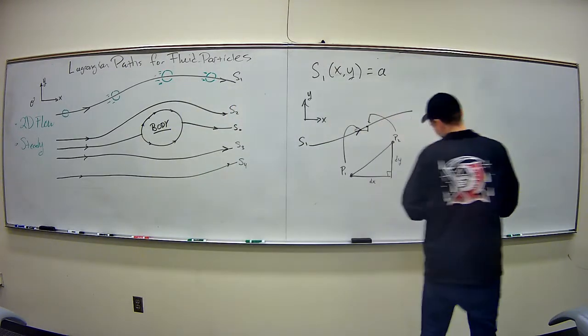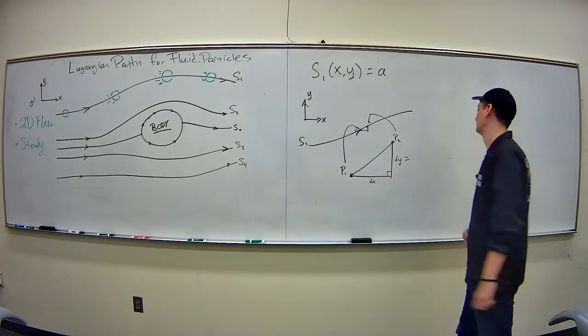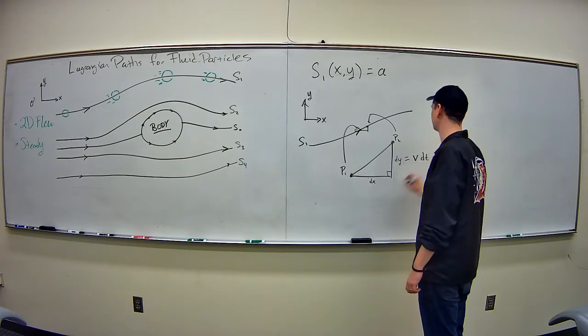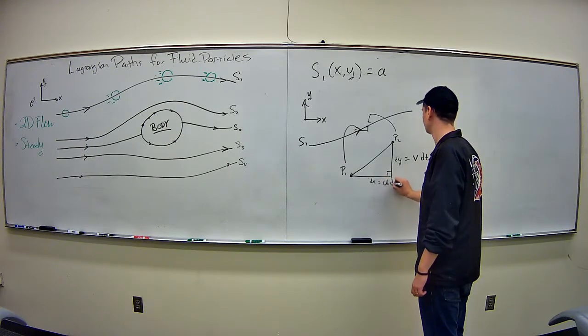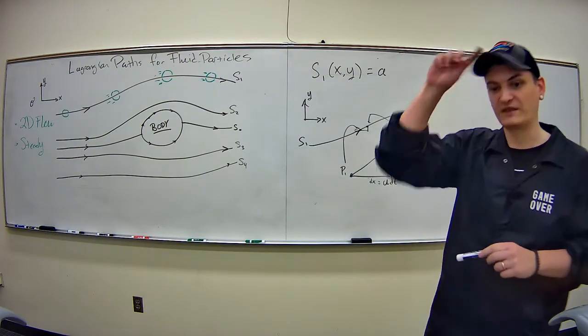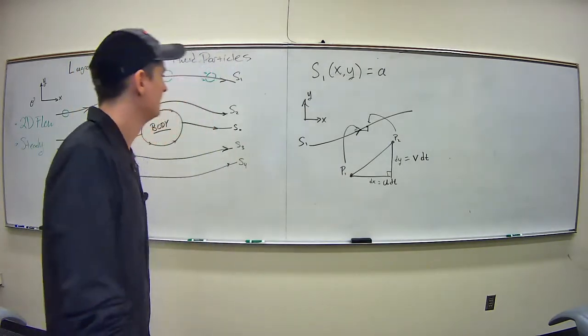Okay, so it's moving at a velocity. A little change in distance is going to be what? It's a kinematic relationship, that a little bit of change in the x dimension had to come from velocity times a little bit of the time.